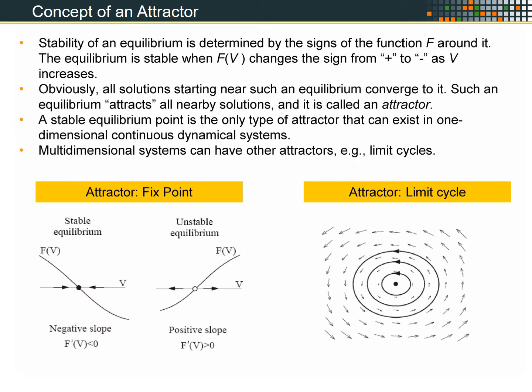If we talk about a two-dimensional system, then we have to extend the concept of an attractor. An attractor for a one-dimensional system was essentially a point that the system was approaching to or repelled from.